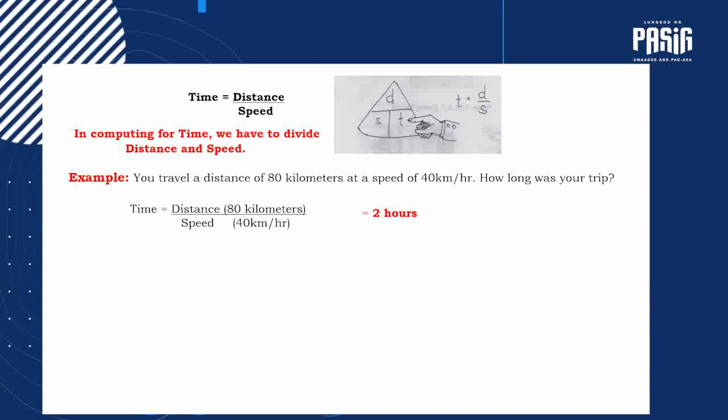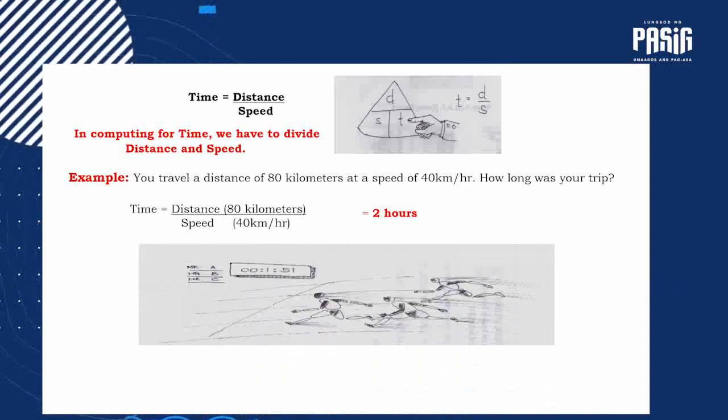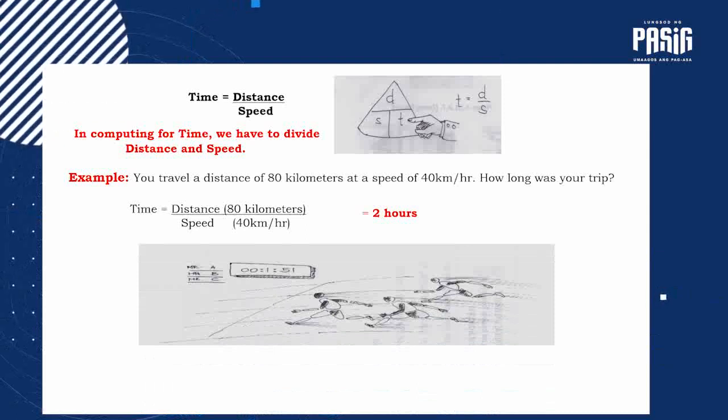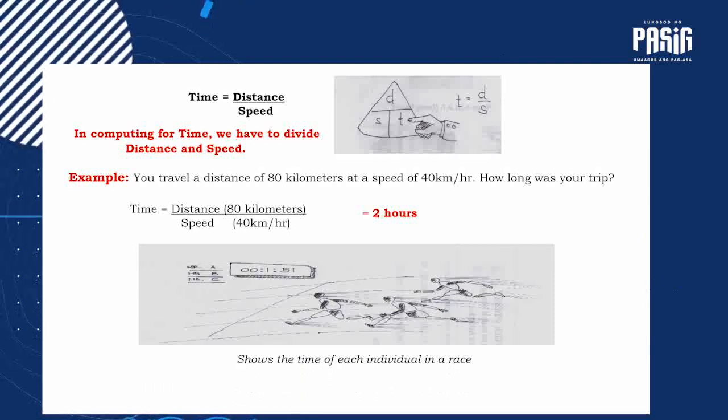To solve, time is equal to distance, which is 80 kilometers, divided by your speed, which is 40 kilometers per hour, and you get, very good, 2 hours. So we have an illustration that shows the time of each individual in a race.